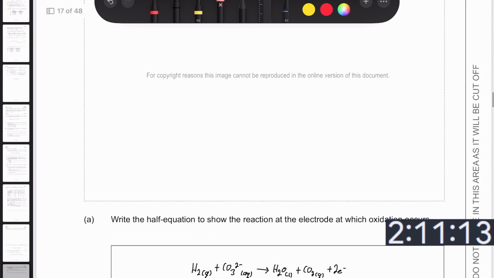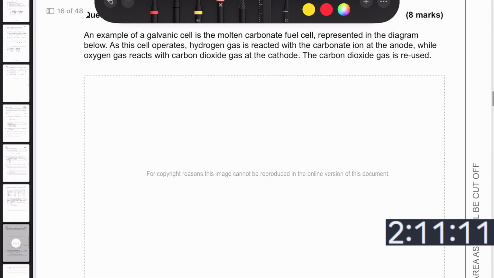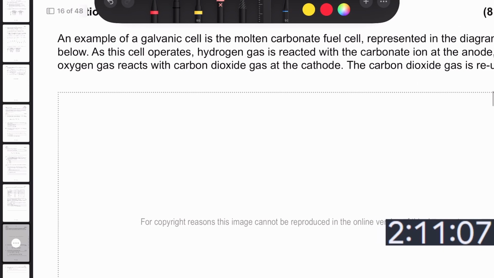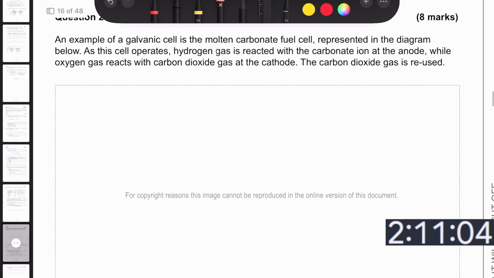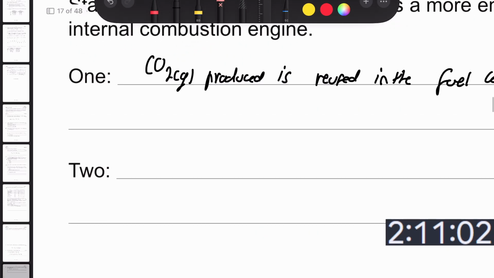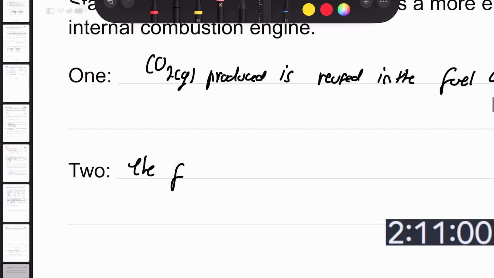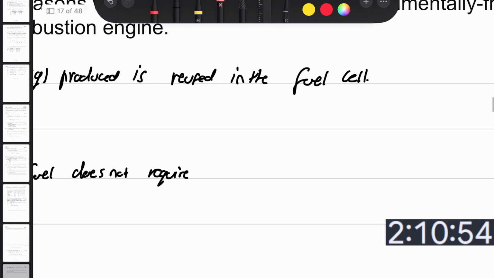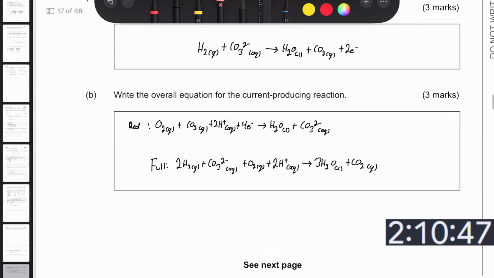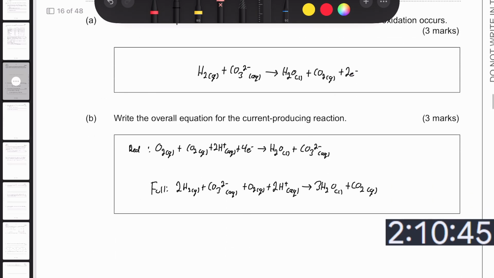And unlike internal combustion engines, this fuel cell does not require fossil fuels to run, only gases.